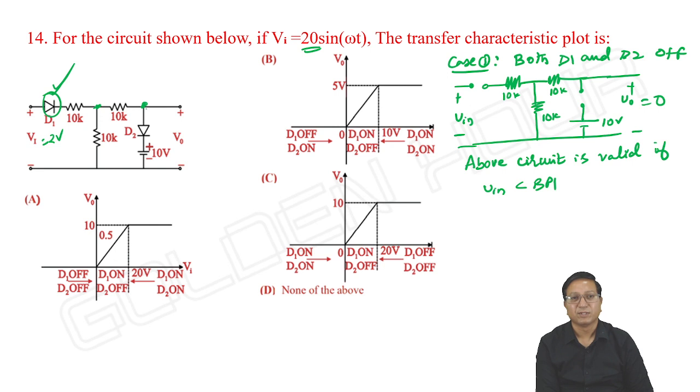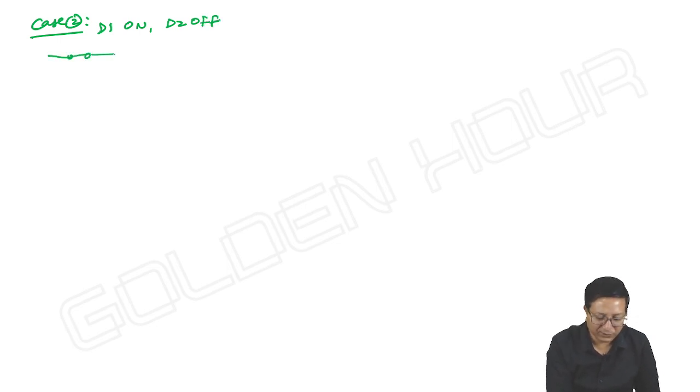Impossible. So D2 still remains off. So case 2, D1 is on and D2 is off.